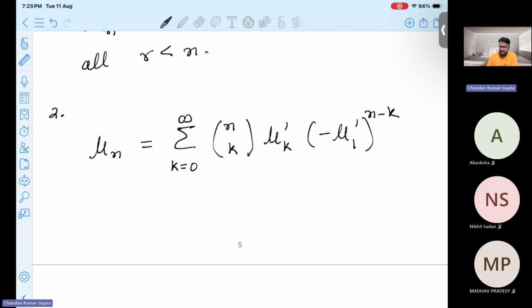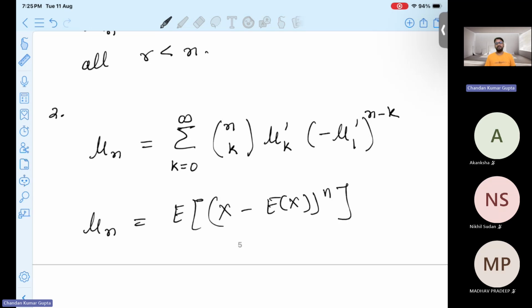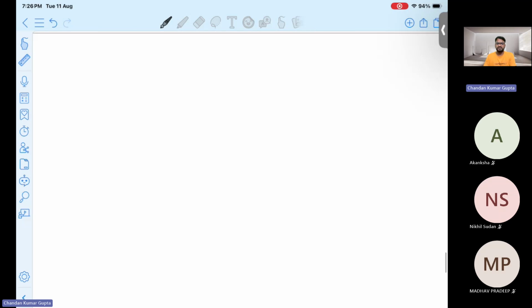Take the expectation of (x minus expectation of x) to the power n, which is (a minus b) to the power n, expand it with the binomial expansion formula, and you will find the above formula. So this is what moments are. Now we will discuss some inequalities. Moment inequalities are next.